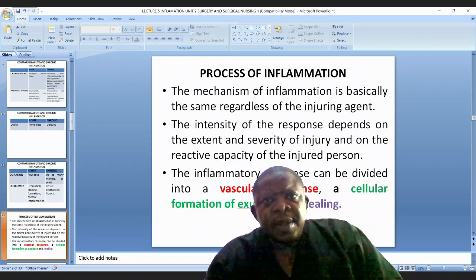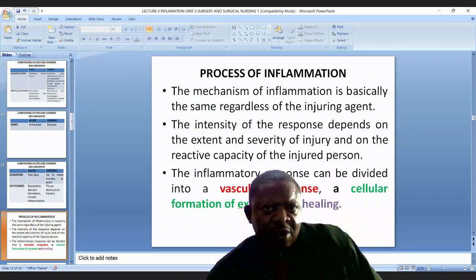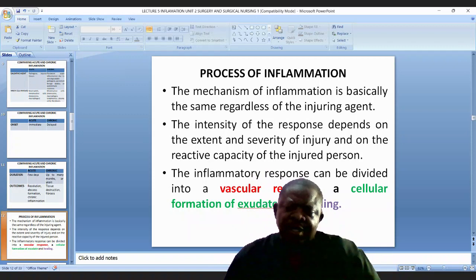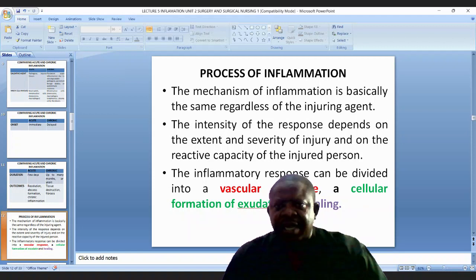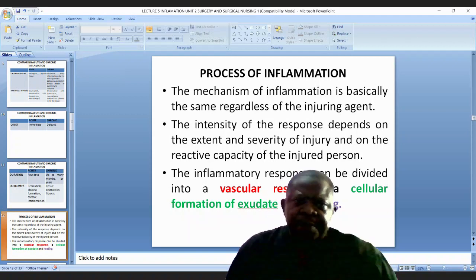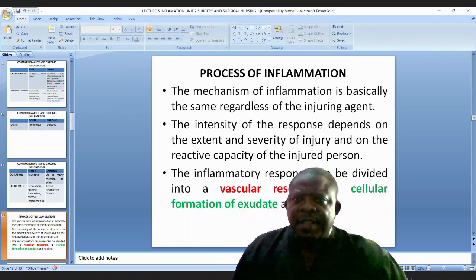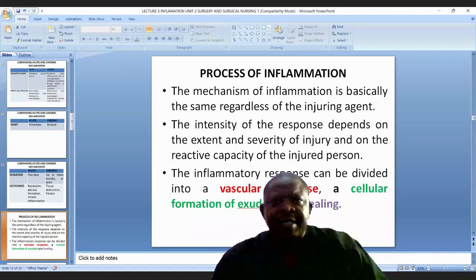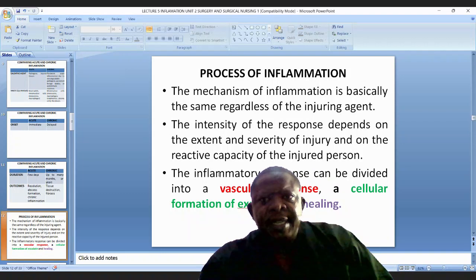Let us now look at the process of inflammation. It's important we understand the process that happens within inflammation. So the mechanism of inflammation is basically the same regardless of the injuring agents. The intensity of the response depends on the extent and the severity of injury and on the reactive capacity of the injured person.